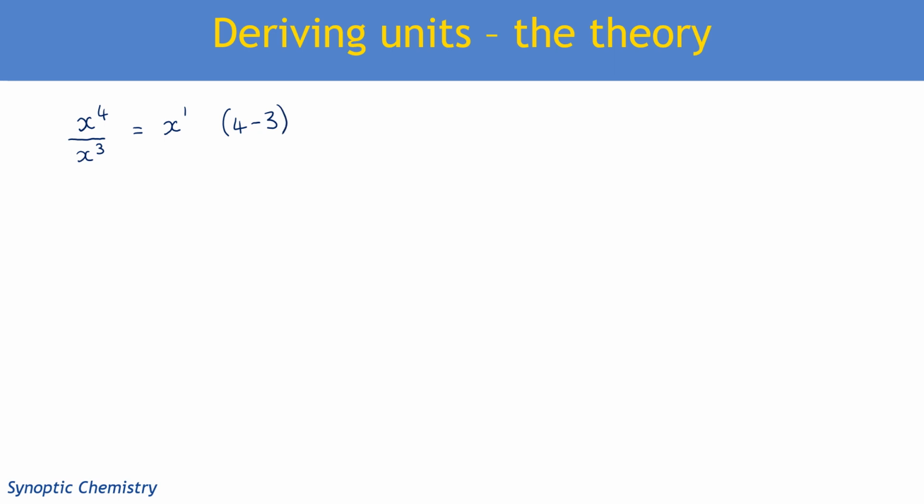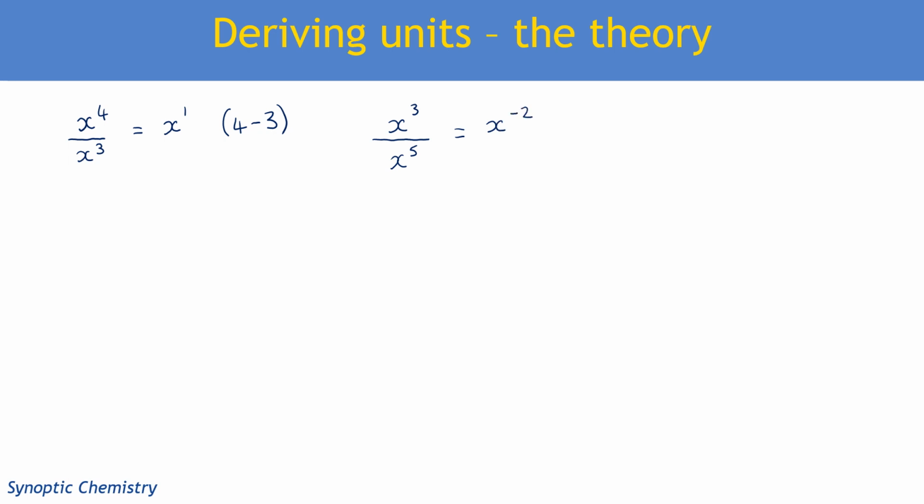Let's do another example. Let's do it slightly different way round. What if we had x cubed divided by x to the power 5? Okay, so again, I'm going to take the top number, the top indice, I'm going to take away the bottom number. So 3 take away 5, I can write that as x to the power minus 2.